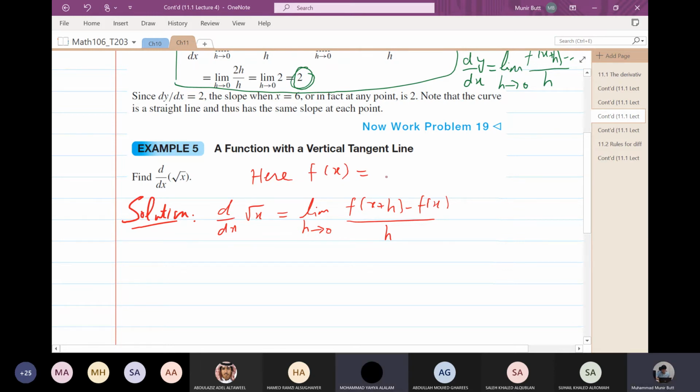Radical x, square root of x. Very good. And this is also known as y. Okay. So now I ask you to solve it in 3 minutes and let me know if you are successful or not. So you solve it now.